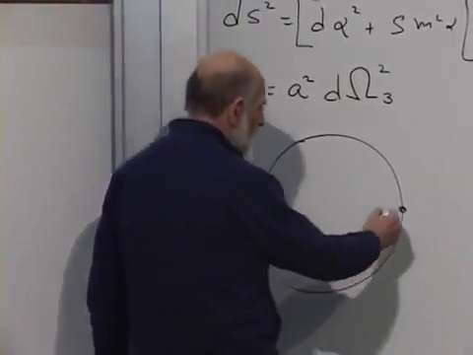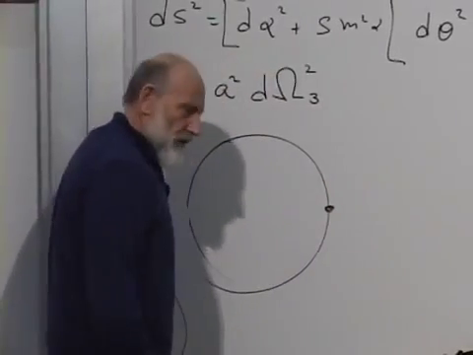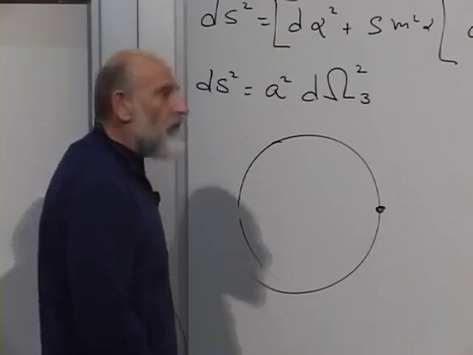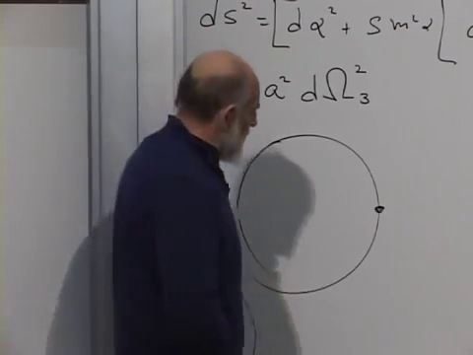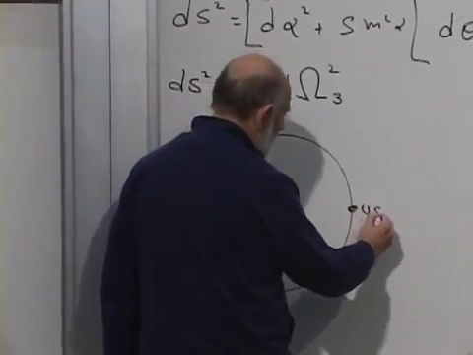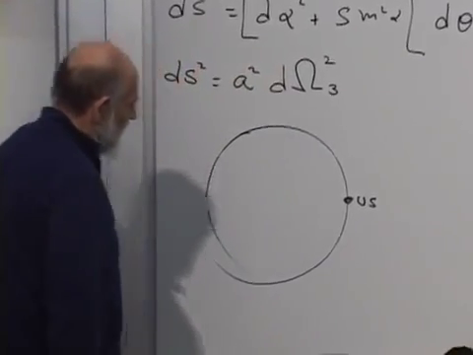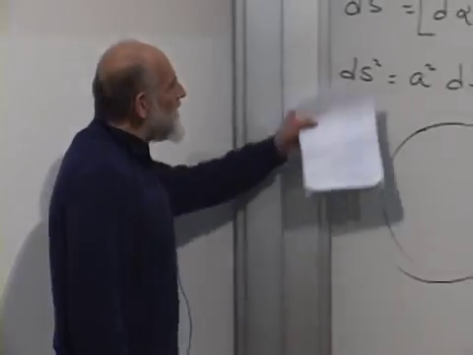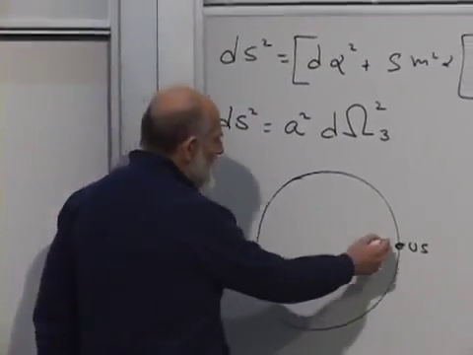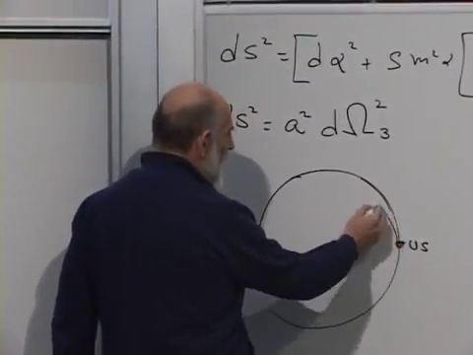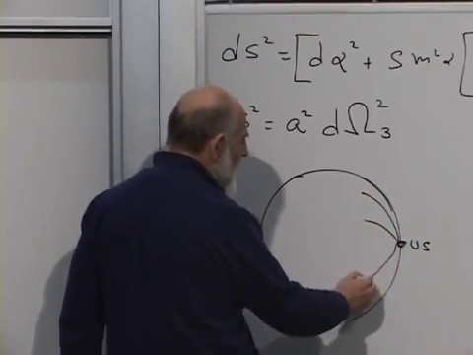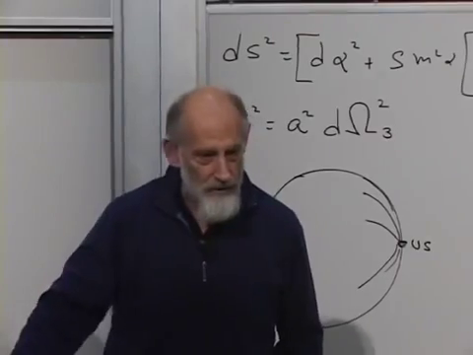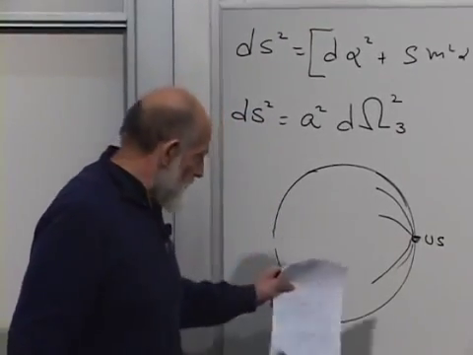My point here is, as a convention, no real invariant significance to this, but we are over here, us. Okay, we're over here. And that means that alpha, which measures angle away from us, can be sort of thought of as a radial distance away from us on the unit sphere.